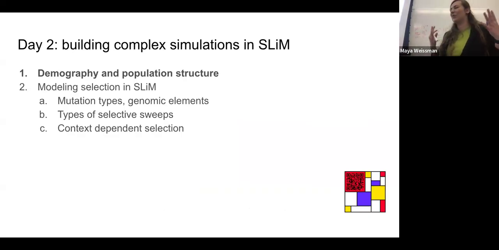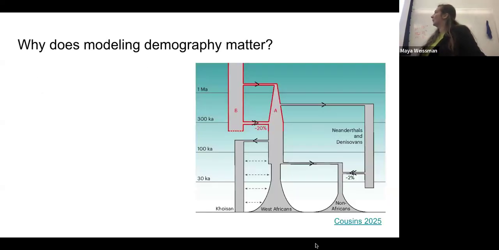Today, we're going to re-talk about a lot of those things that we mentioned yesterday and how we can adapt and change them to make our simulations more complex. And we're going to start with demography and population structure. So why does modeling demography matter?